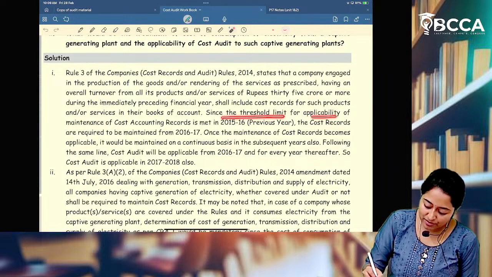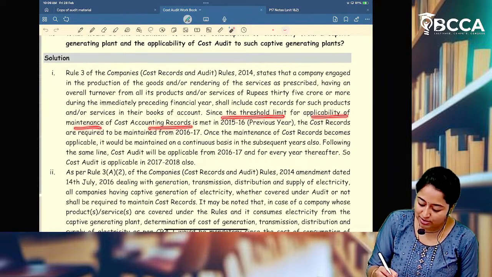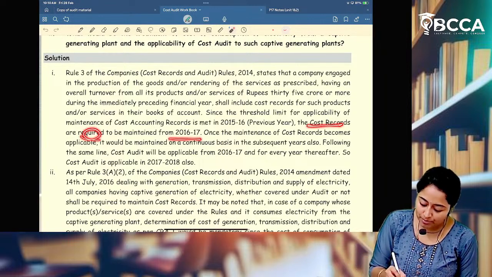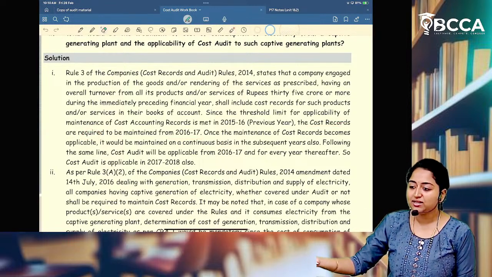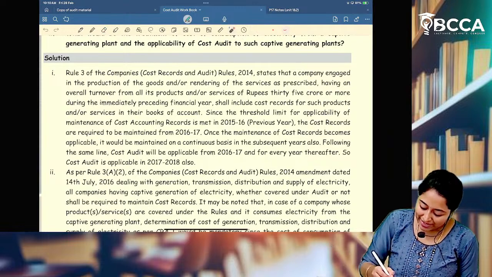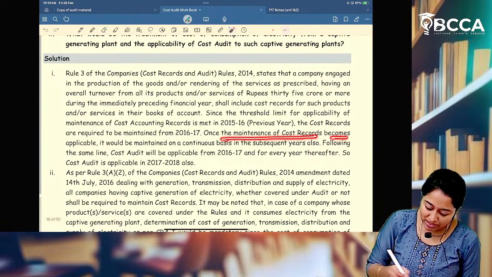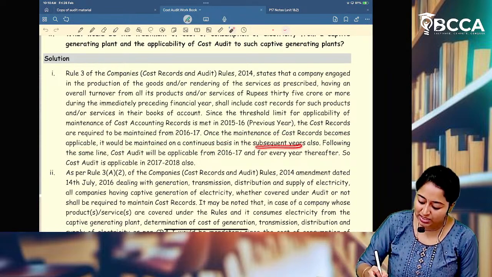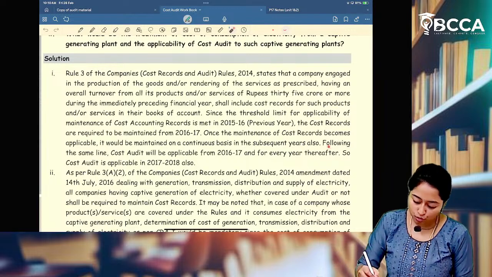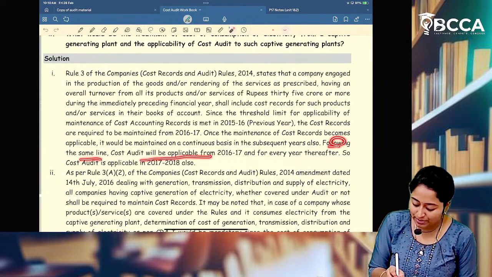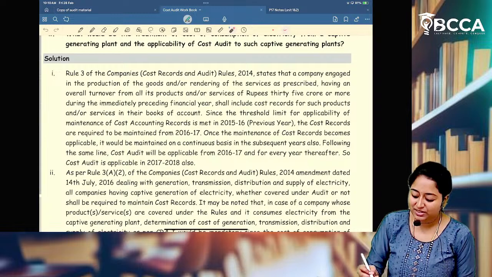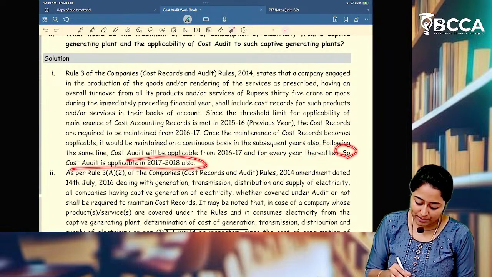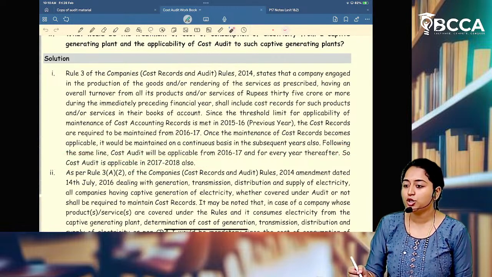Since the threshold limit for the applicability of maintenance of cost records is met in 2015-16, the cost records are required to be maintained for the next year 2016-17. And once the maintenance of cost records becomes applicable, it would be maintained on a continuous basis in subsequent years also. Following the same line, the cost audit will be applicable from 2016-17 and for every year thereafter. So, cost audit is applicable in 2017-18 also.